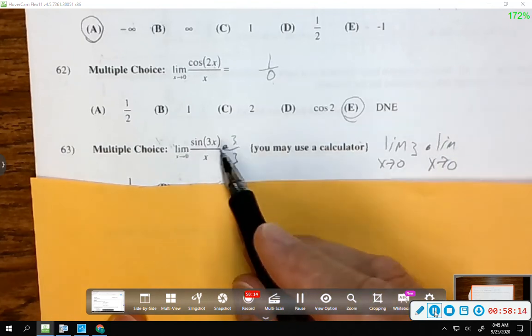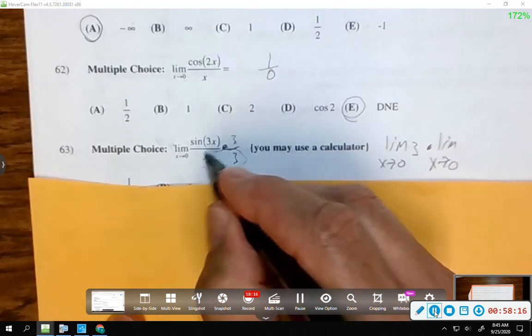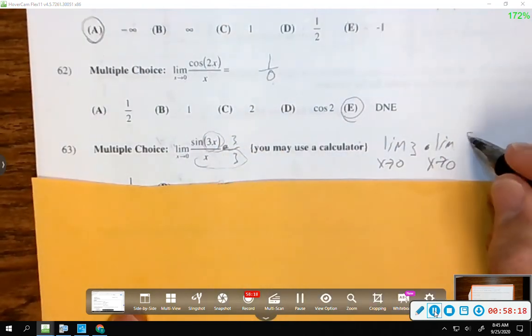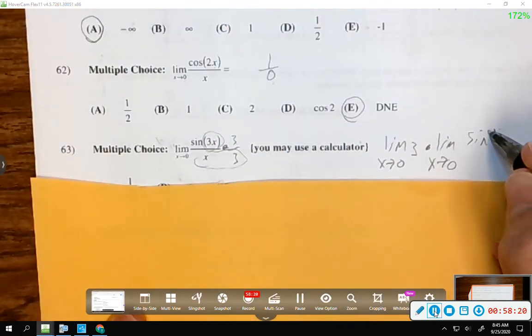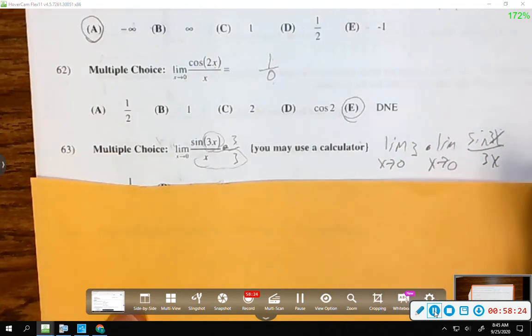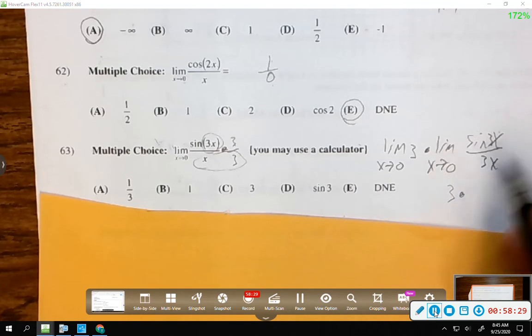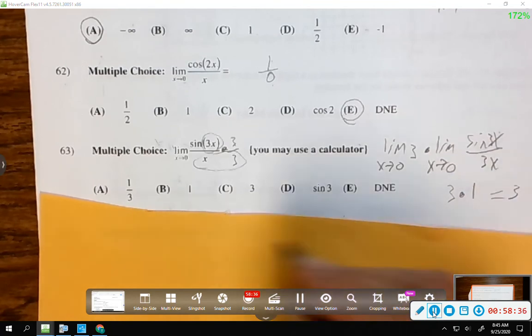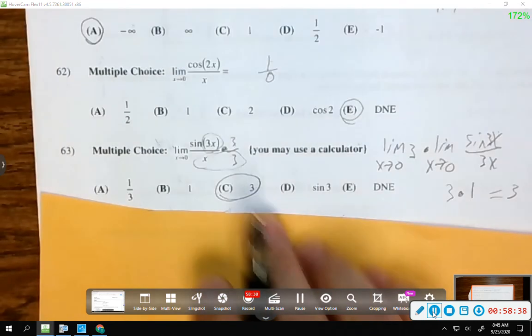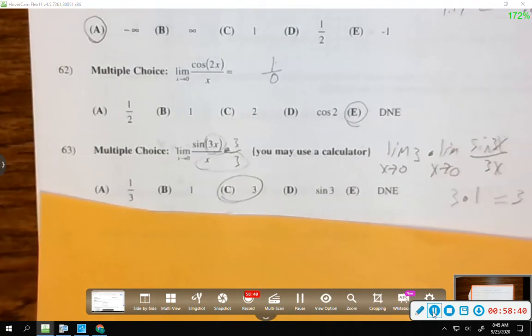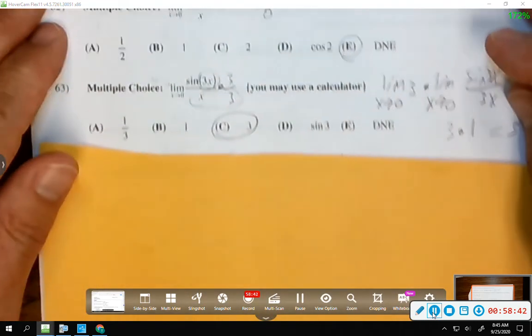The 3x is up. The sine of 3x over 3x. The limit as x approaches 0 of a constant is that constant value. The limit as x approaches 0 of the sine of 3x over 3x is defined to be 1. And 3 times 1 is 3. But you could use your calculator on this. We're going to learn an easier method. That easier method is going to be called L'Hopital's rule in a future chapter.